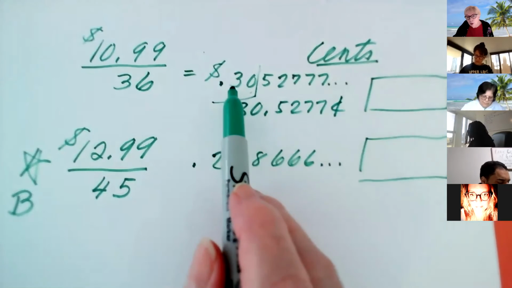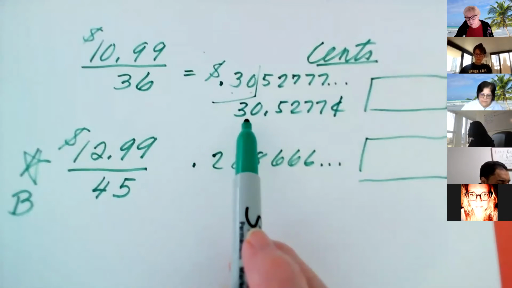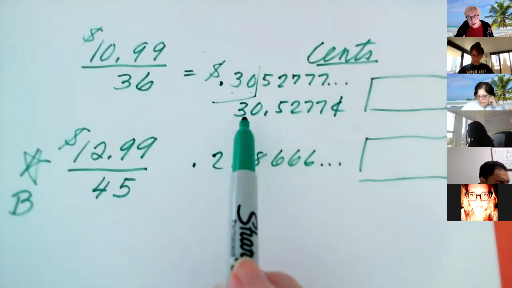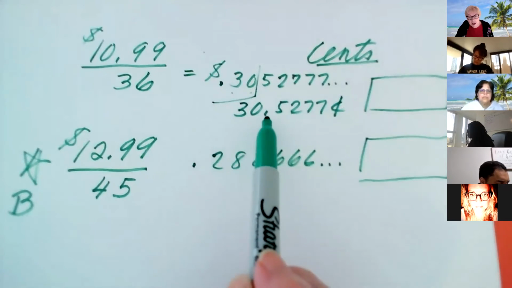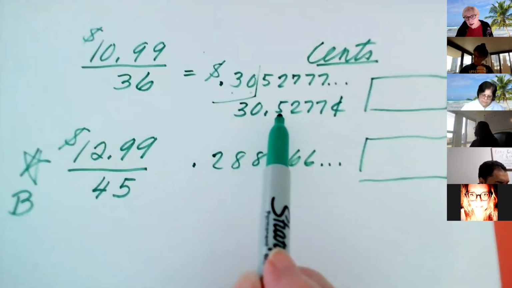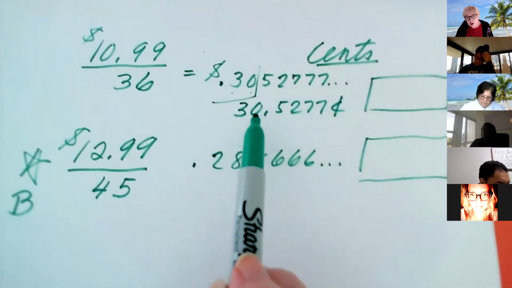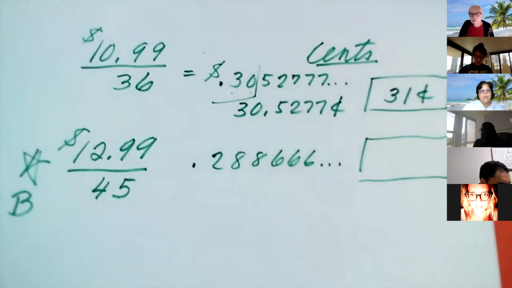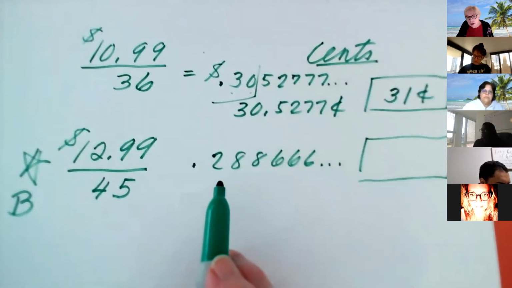Isn't that right? 0.30 is 30 cents. So it's a 2 decimal shift to get over to this. And if they wanted it rounded to the nearest cent, the 5 would come into play, because 5 is high enough for the 30 cents to go to 31.